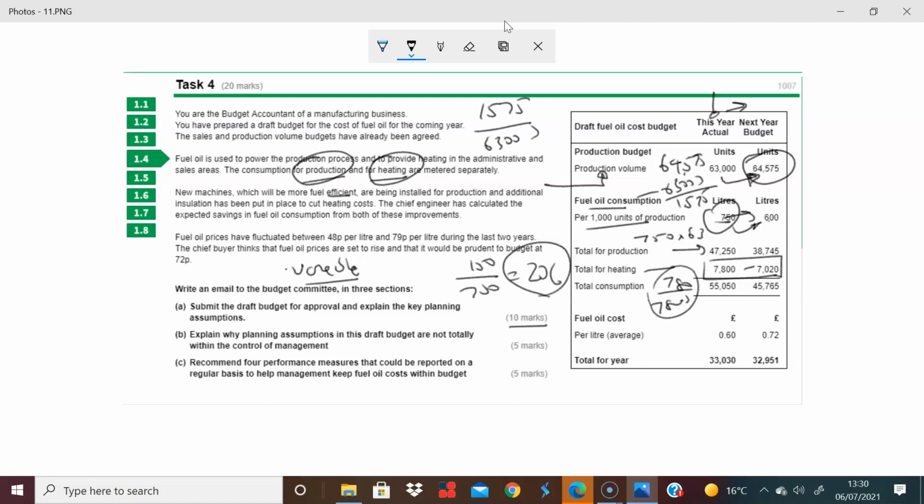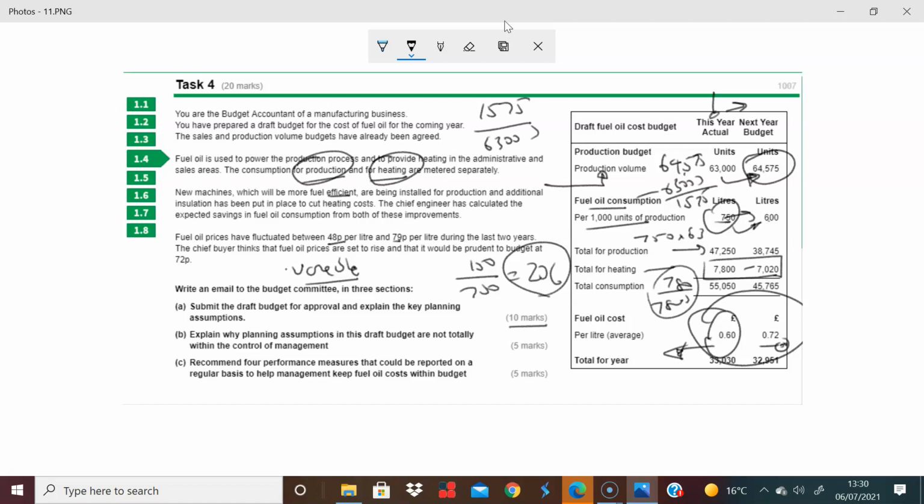So then, of course, another assumption is looking at the overall bigger picture, where the argument is that fuel prices will have fluctuated between 48 and 79, although we've averaged 60p due to these fluctuations, but they want to budget at 72, which seems not very prudent, because technically you've been doing it at 60p on average, so 72 is quite a distance.